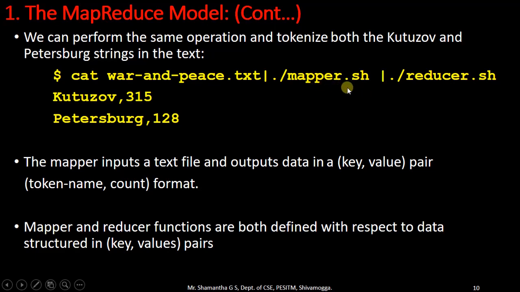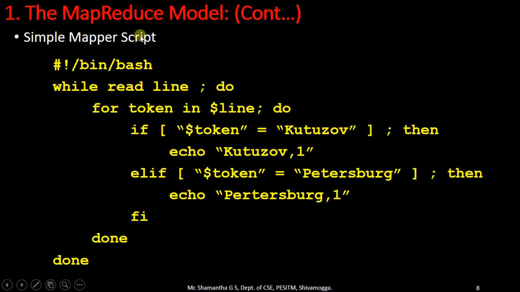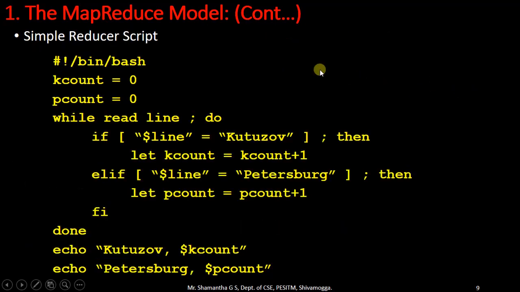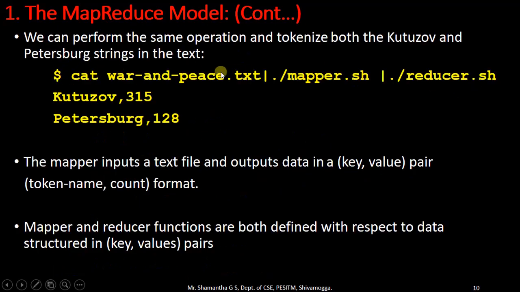We combine the first two scripts. The mapper.sh is the mapping script and reducer.sh is the reducer script, run by this command line: cat War and Peace text file. This is the source file where we find the number of occurrences of Kutuzov and Petersburg using these two scripts, and we got the output Kutuzov, 315 and Petersburg, 128.